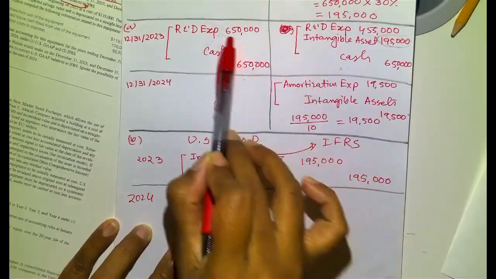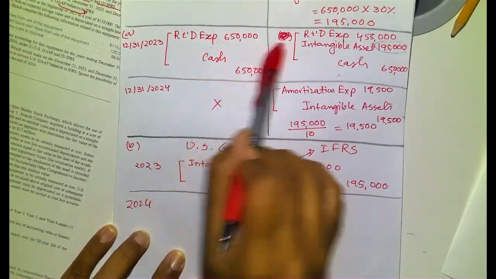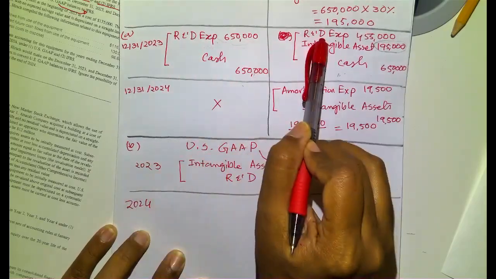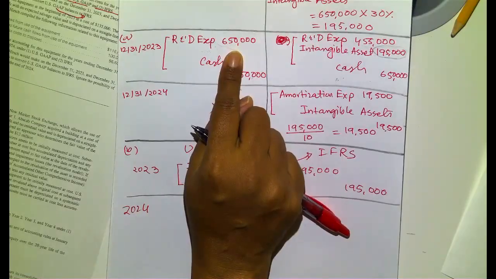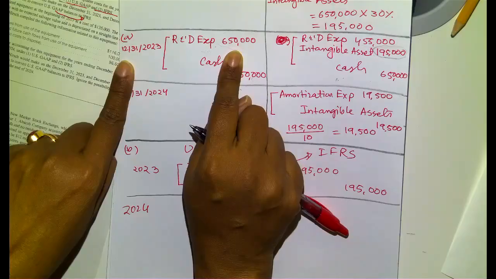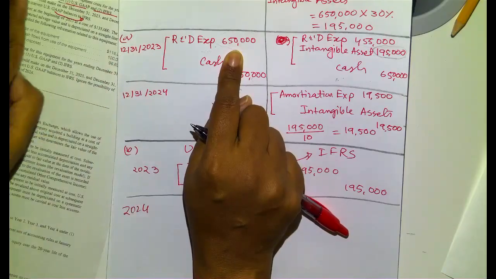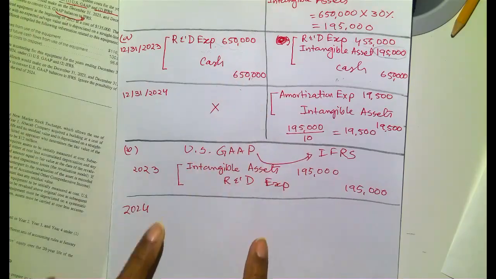Last year, I had R&D expense differences, but I don't need to do anything per se for R&D expense. But because of this US GAAP R&D expense, which was higher, their net income was lower. Because their net income was lower, their retained earnings were also lower. So I have to increase the retained earnings too.